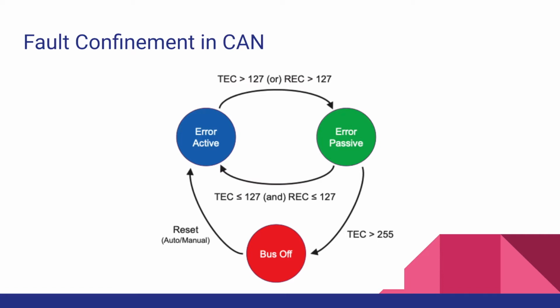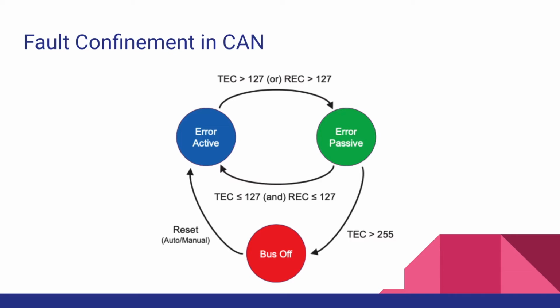And from there, if the TEC ever reaches above 255, then it would reach bus off mode, where the CAN protocol forces the ECU or the node to turn off, essentially kicking it off of the bus altogether. Also, it's worth pointing out that it is possible for a node that has entered error passive mode to go back to error active mode if the TEC and the REC are below or equal to 127.